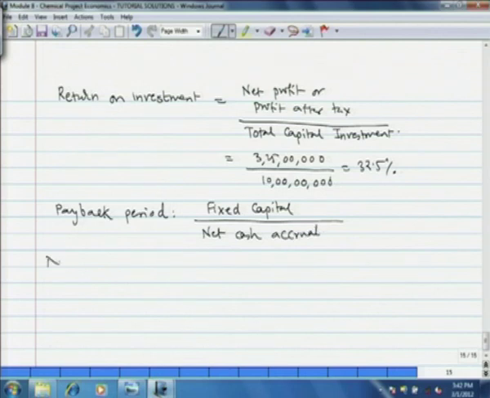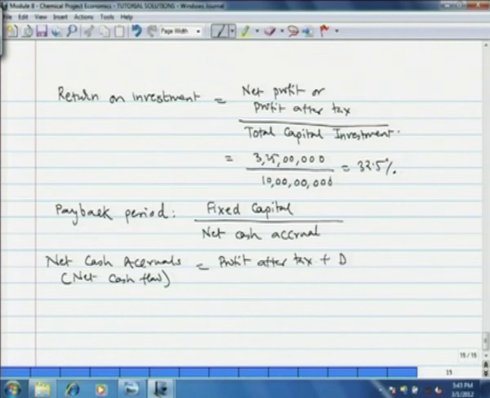Net cash accrual or net cash flow, as some books call it, is equal to the profit after tax plus the depreciation, and then this is equal to 3.25 crore plus 1 crore of depreciation, that is equal to 4.25 crores.